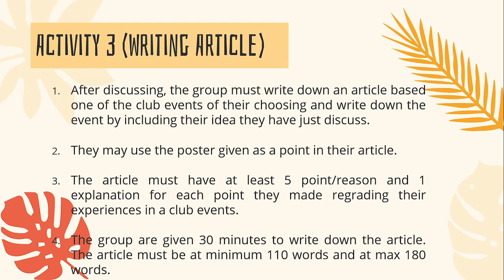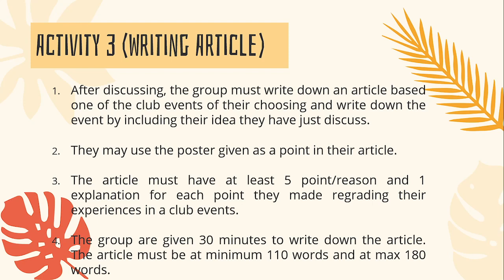They may use the poster given as a point in the article, and the article must at least include 5 reasons or points, one per paragraph, and 1 explanation for each main point regarding the experience in the club. So basically, there are 5 main points they must include in the article.